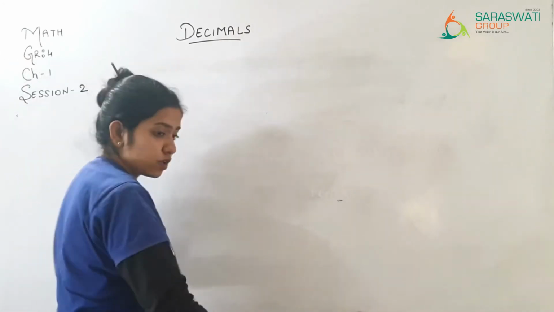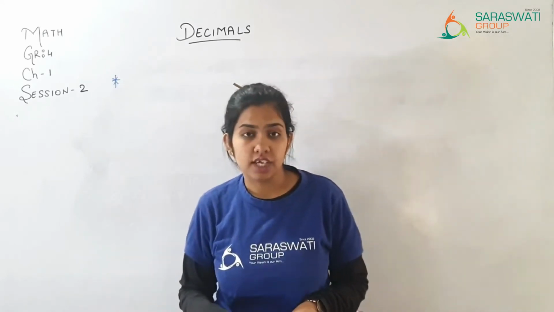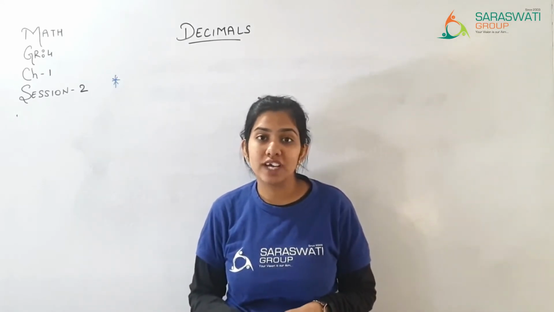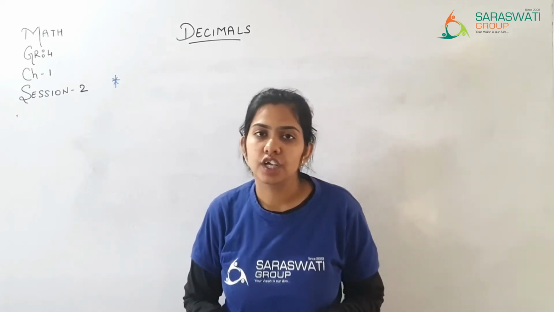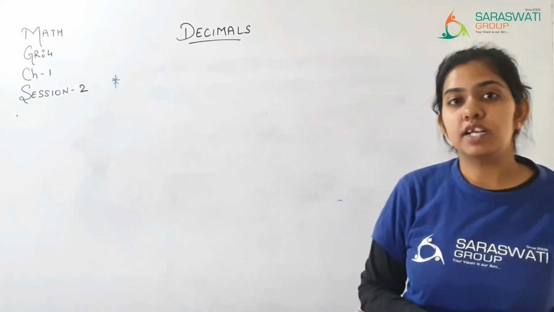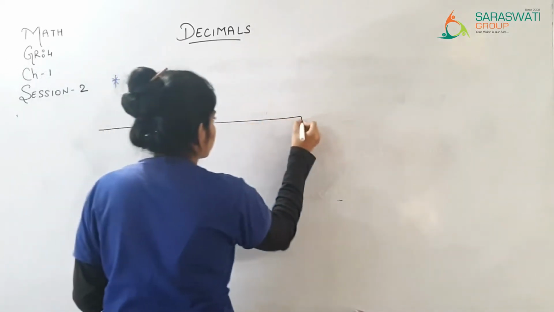Now our next question is write the shaded part as a decimal fraction. कि आपको जो shaded part है वो आपको decimal fraction में लिखना है and then as a decimal number, और फिर उसको आपको decimal number में भी लिखना है.